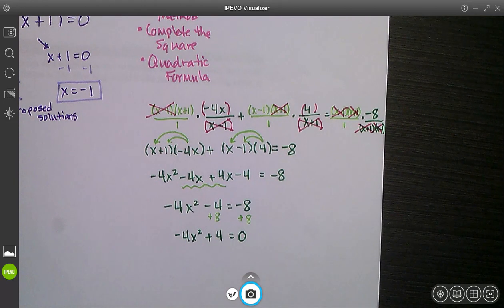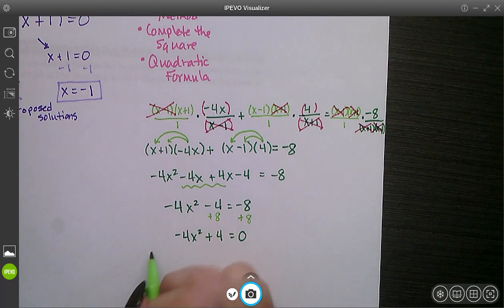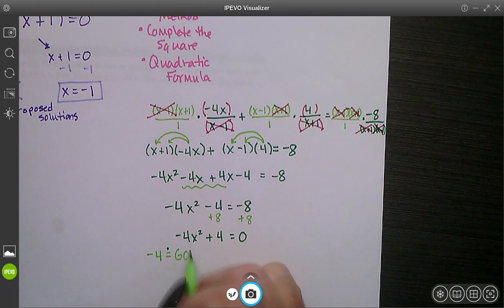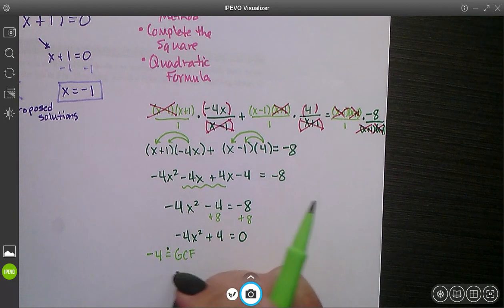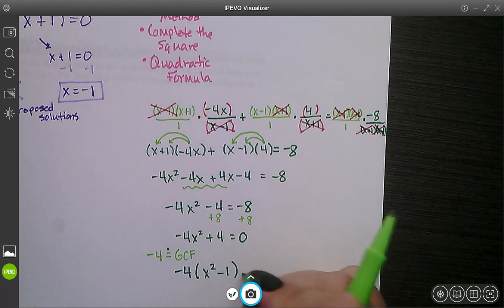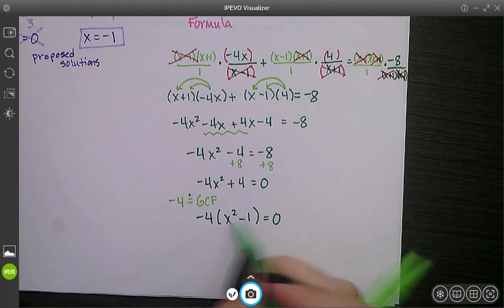If I wanted to do this by factoring, I could take out a GCF of negative 4. So that would give me negative 4 times (x squared minus 1) equals 0. And then I could factor this.